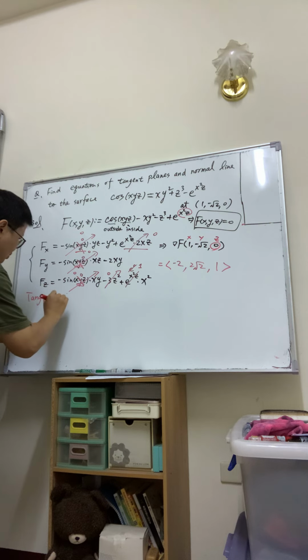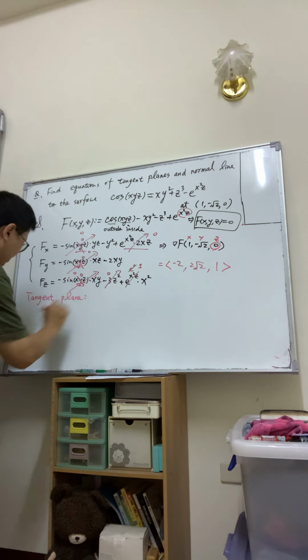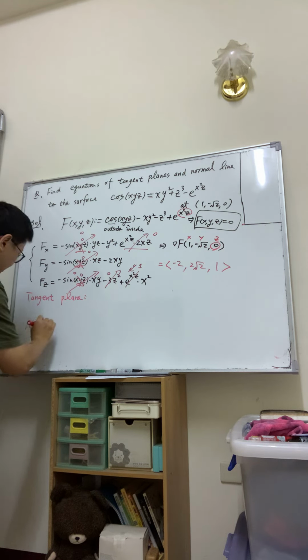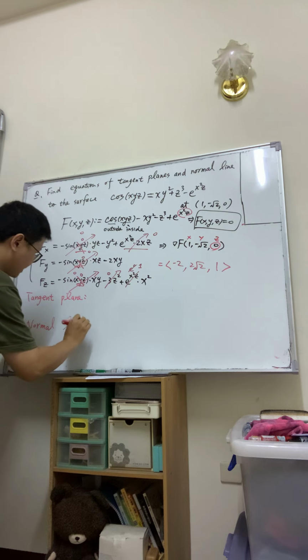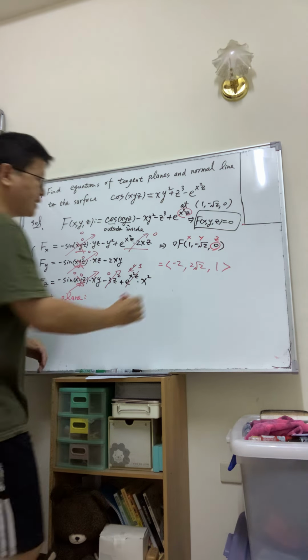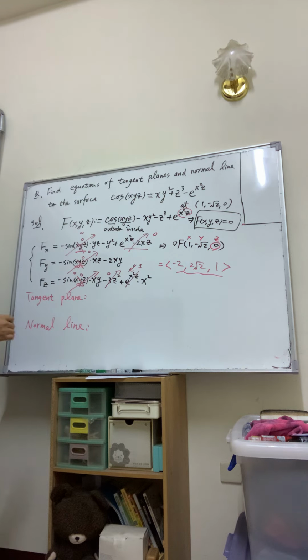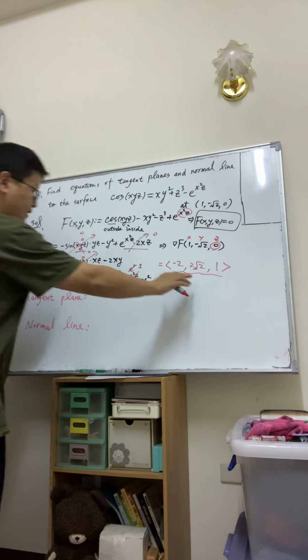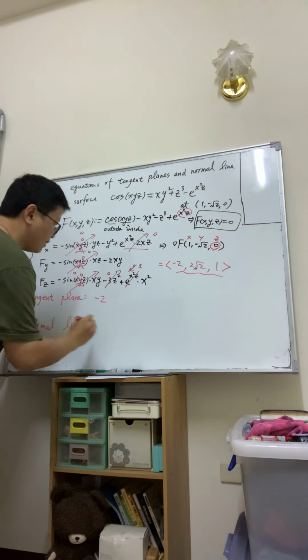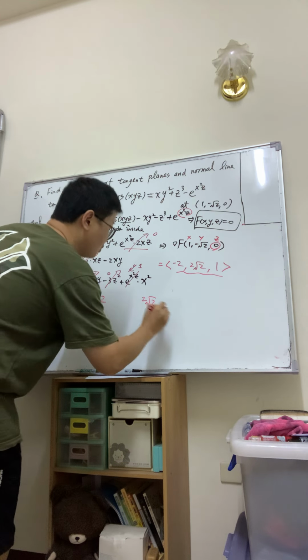Once we have the gradient, we can decide the tangent plane and normal line. Write down the solution directly. For the tangent plane, the normal vector is exactly this one, so it's negative 2, 2 square root of 2, 1.